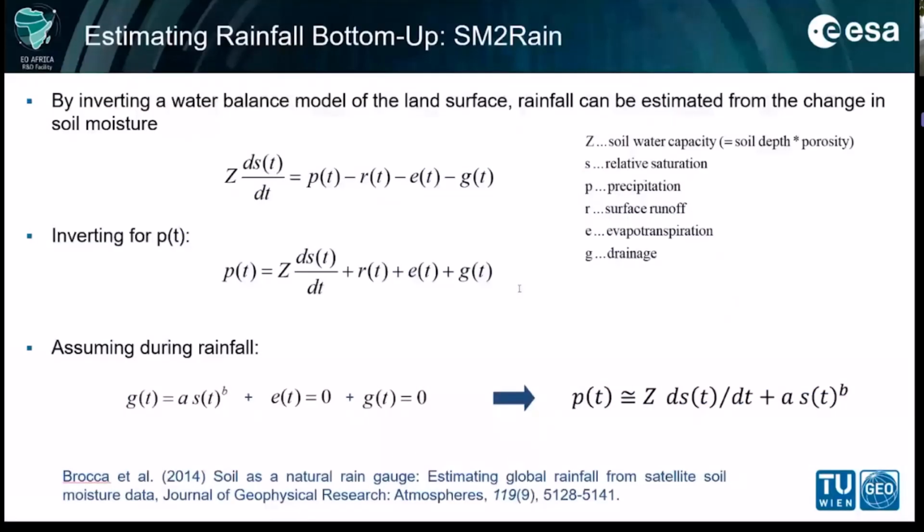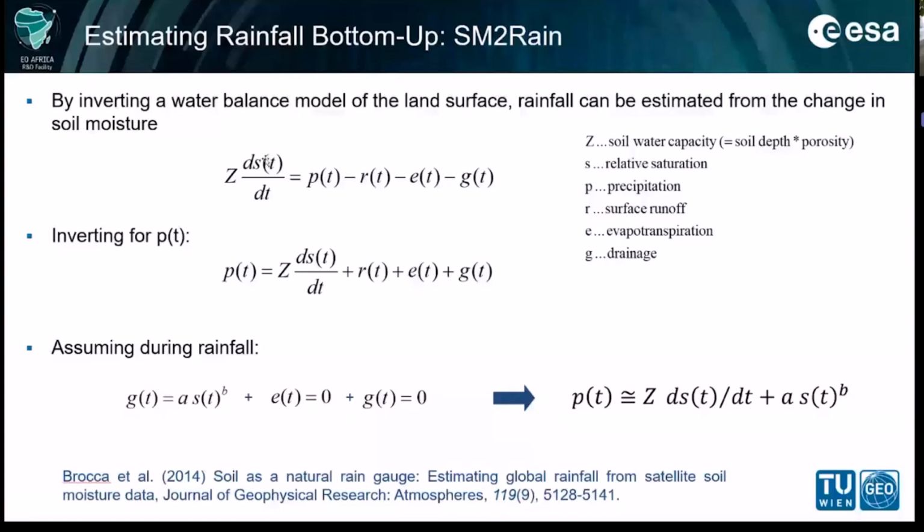Let me also point to the very nice work from colleagues around Luca Brocca from Italy, who had the idea to use the soil moisture data to actually estimate how much rain has come. Normally you take rainfall data to estimate how much soil moisture is there on the surface. But why not turn this relationship around?